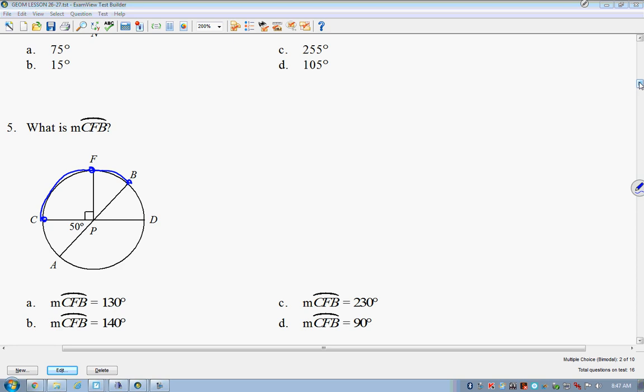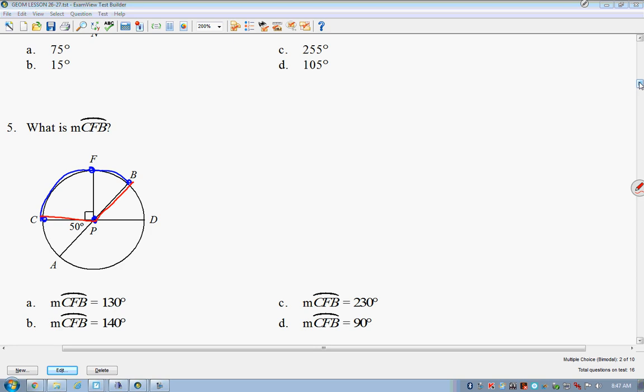Now, what's nice about it is that this is a central angle, at least if I look at CPB. Go ahead. Since you're trying to find CPB, CPB is what I want to find.